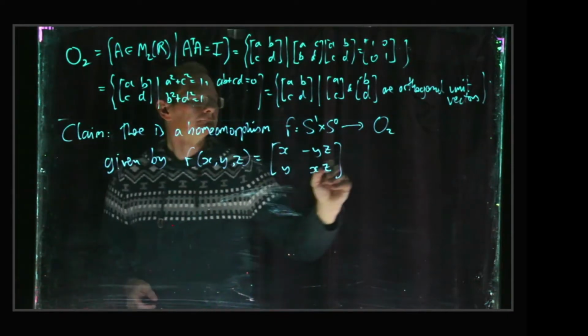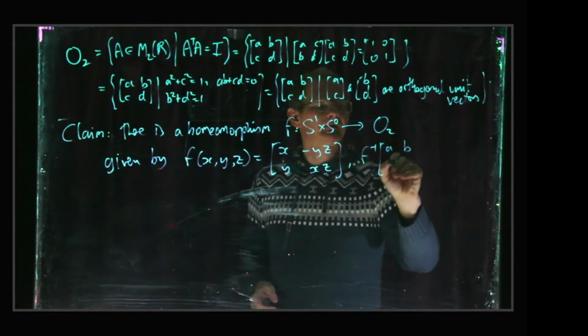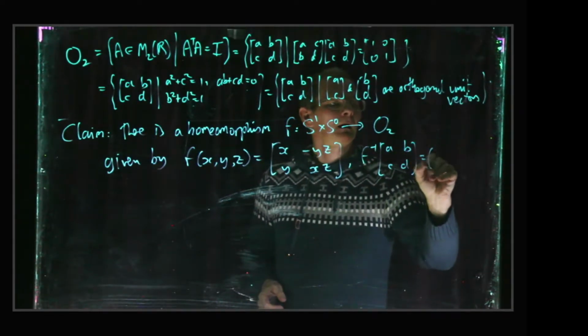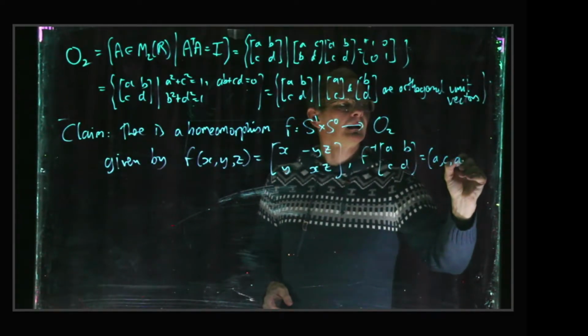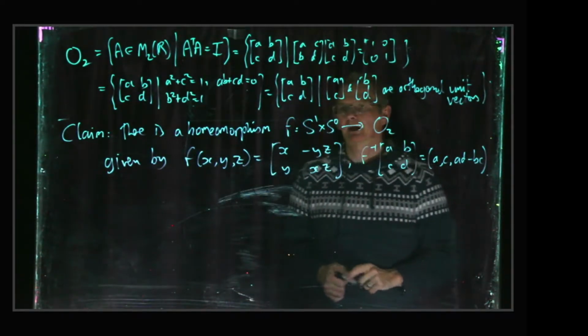And F inverse of the matrix A, B, C, D is A, C, AD minus BC.